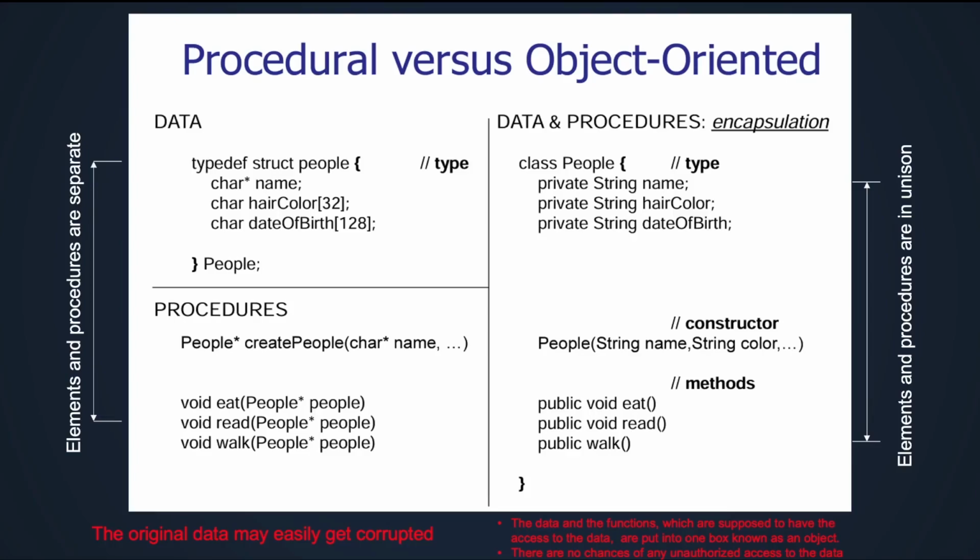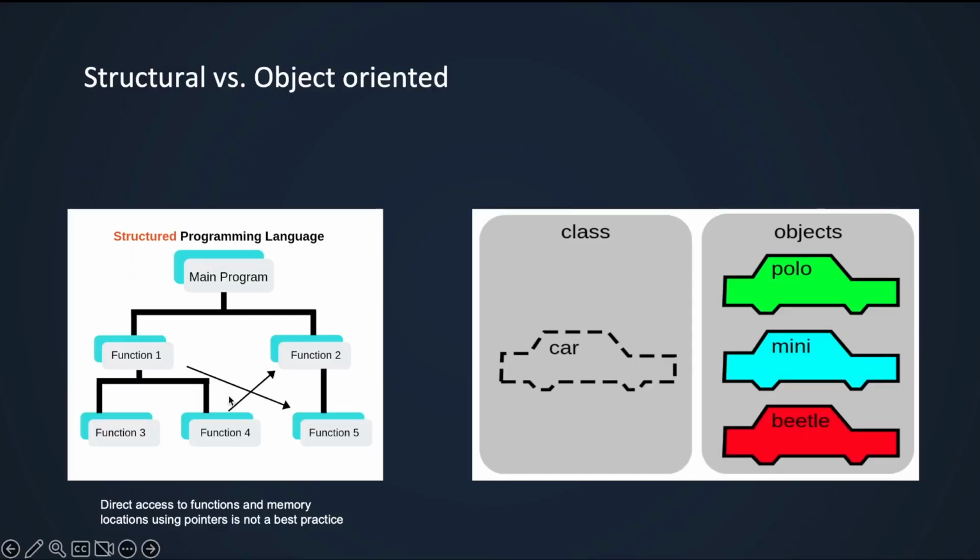Let us try to understand it with an example. If you are familiar with C, we know that in C, any function can call any other function and so on, which is not an advisable approach.